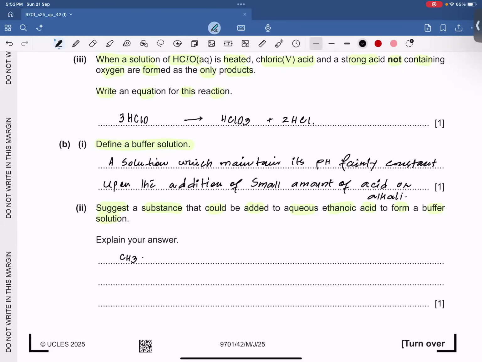So ethanoic acid, when treated with sodium hydroxide, will turn to sodium ethanoate and water. So in order to make a buffer solution, I need to add the salt. So sodium ethanoate is going to be added to make a buffer solution.